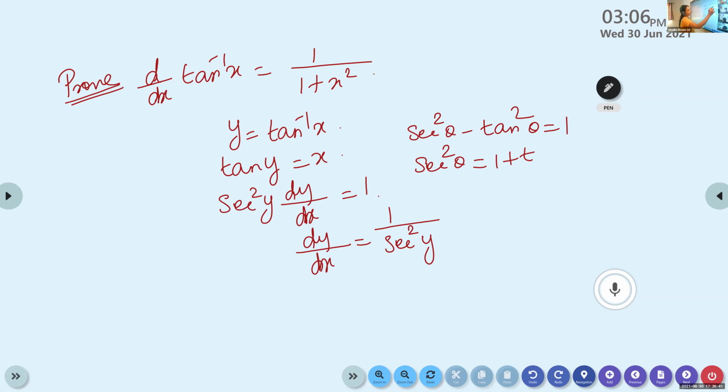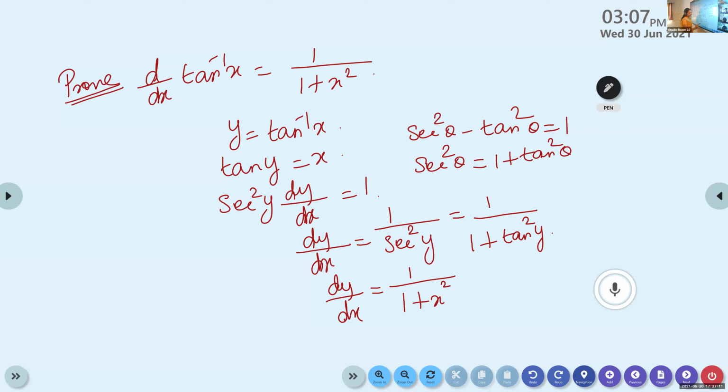It is 1 plus tan square theta. So here we can write this as 1 by 1 plus tan square y. But what is tan y? Tan y is x, isn't it? So we can write this as 1 by 1 plus x square.